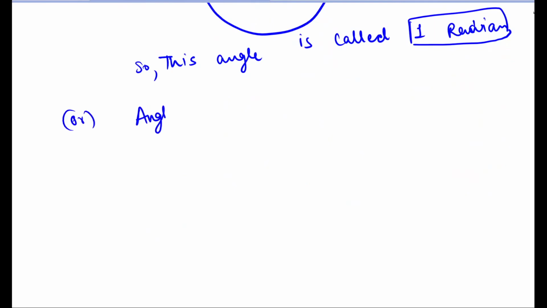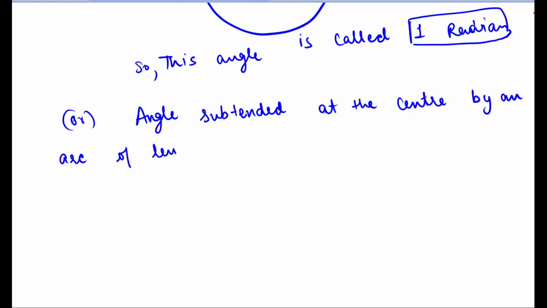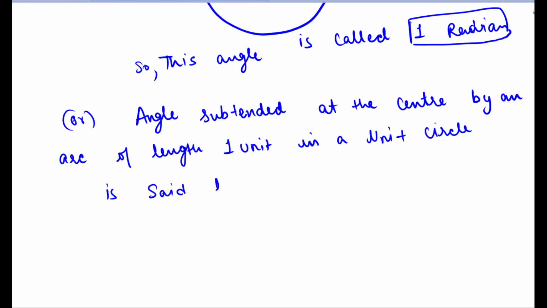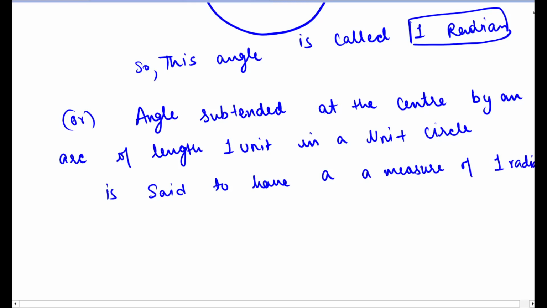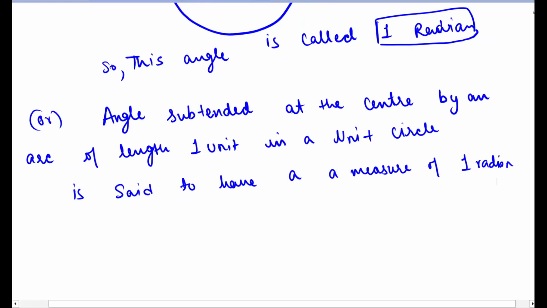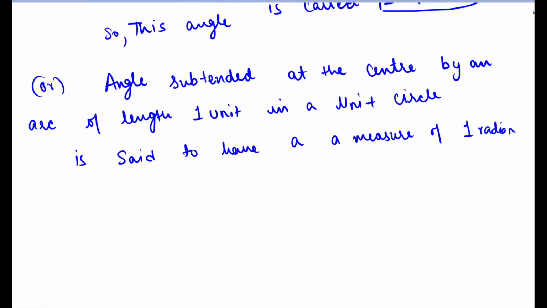Radian is the angle subtended at the center by an arc of length 1 unit in a unit circle, and is said to have a measure of 1 radian. So this is the definition of radian.